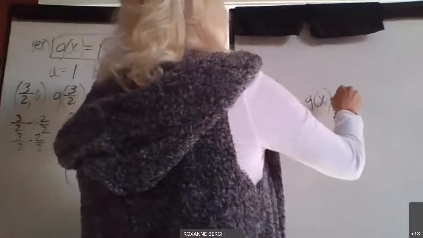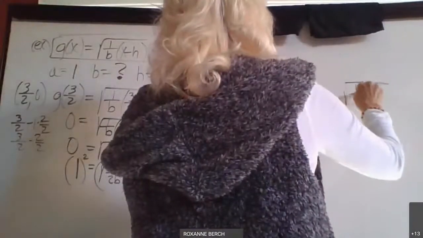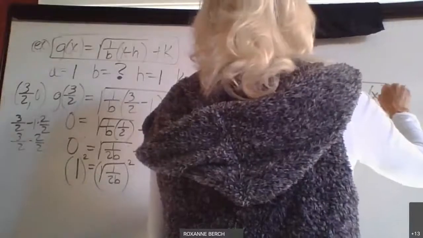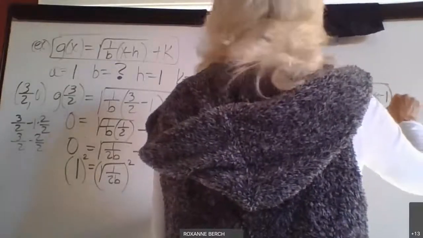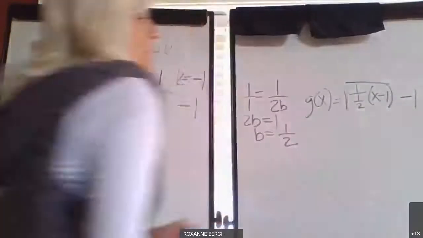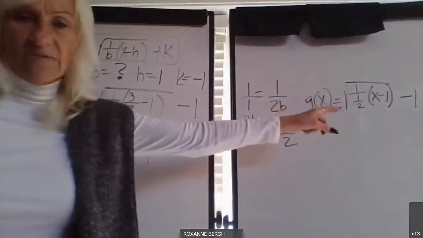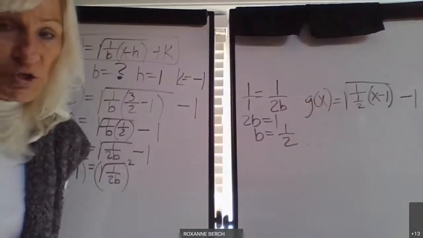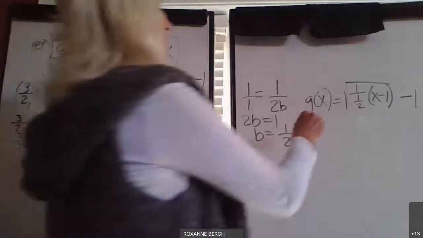So our function then is g of x equals the square root of 1 over 2 times x minus h, plus k is minus 1. And you can't leave that complex fraction. So do you remember what I told you 1 over a fraction is?